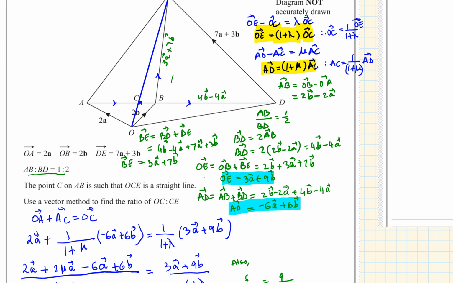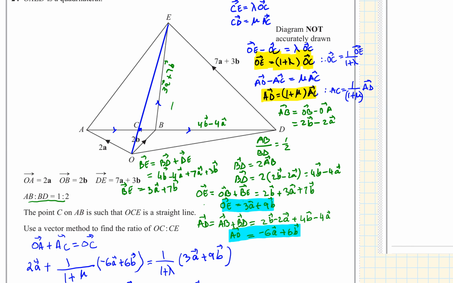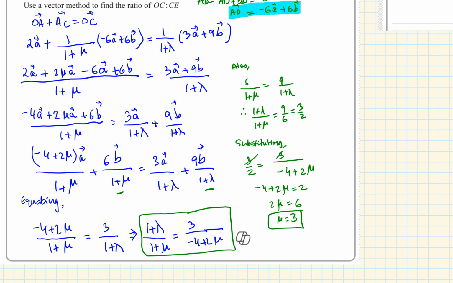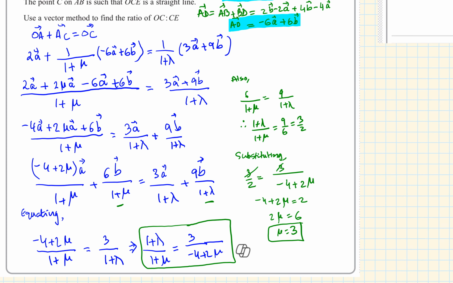It doesn't, because I have to find OC is to CE, and I have said OE is 1 plus lambda times OC. So I need to find lambda. So we substitute mu is 3.